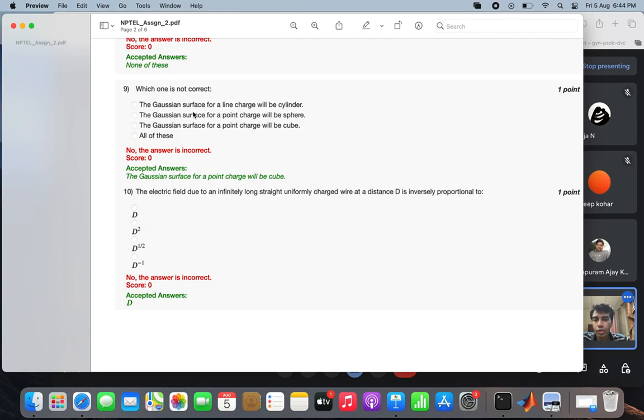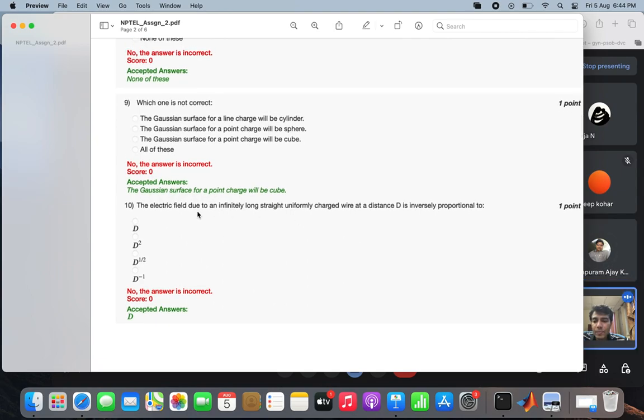Which one of the following is not correct? Gaussian surface for a line charge. Others can also answer if you want. Can anybody tell me which one is not correct and why? I think option 3, sir: Gaussian surface for a point charge will be a cube.